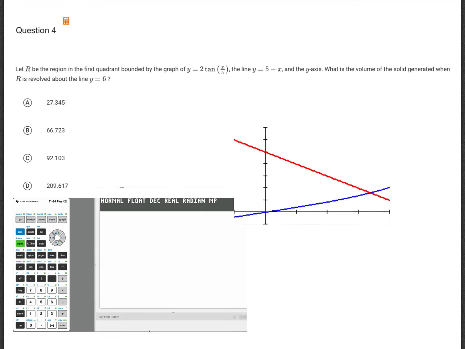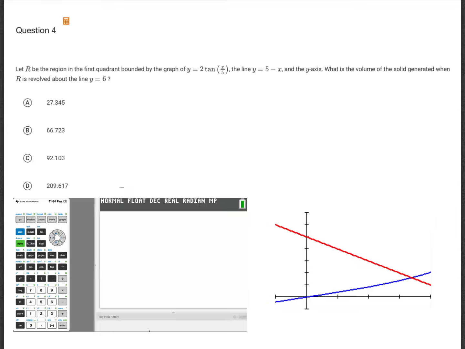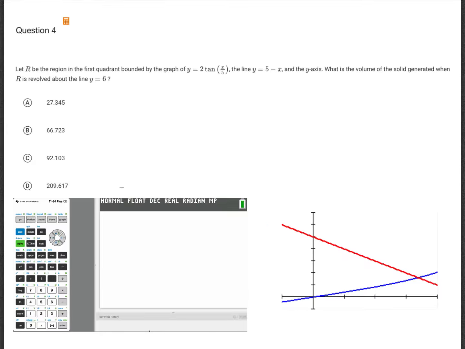Okay, so I'm going to move this over here. So let's look at kind of what we're going to do first. So here's the line y equals 6. Okay, and we're going to take this area here and revolve it around that line.